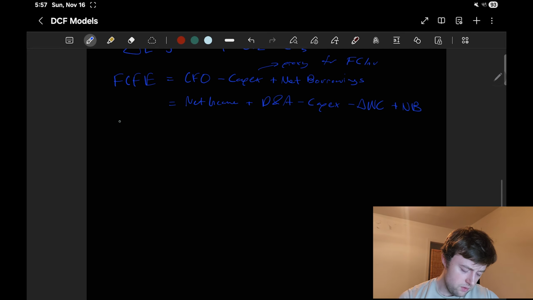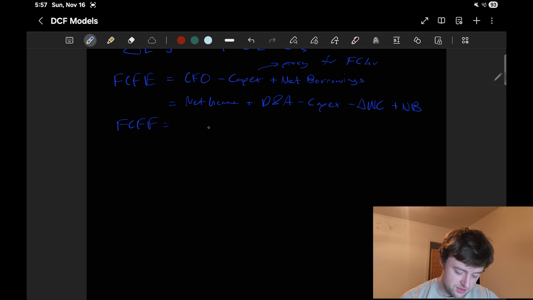Okay. Now let's also work from free cash flow to the firm, just so we can see the difference. Free cash flow to the firm is useful for things like enterprise value calculations, but we don't really do a lot of these. So what is free cash flow to the firm? It's pretty similar to free cash flow to equity.